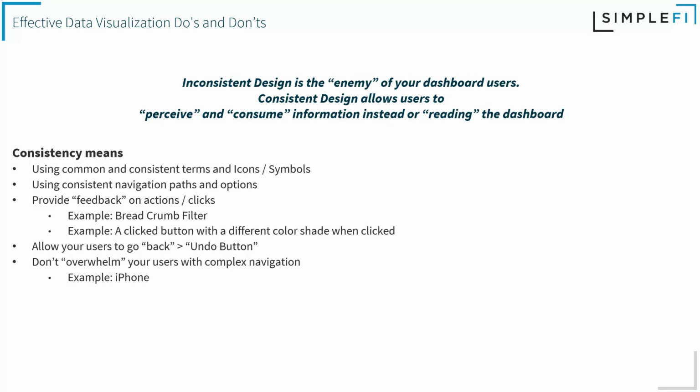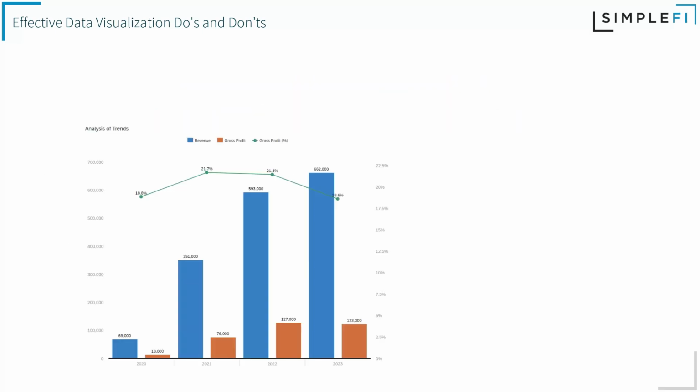So I want to show you a few examples of good and bad design choices. Here we have a chart that shows, in blue, the revenue and profit, and the green line is our gross profit in percentages. With a live audience, I normally would now ask what's wrong, so to speak, and we would discuss this for a few minutes. But if you look at the left-hand side, the first item is the units.